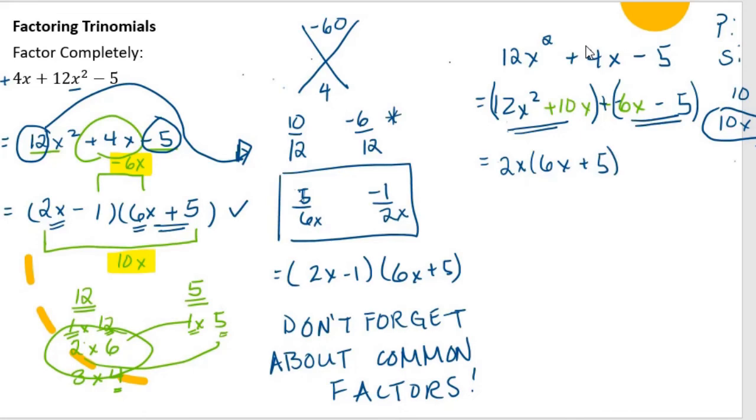Negative 6x minus 5. Well, I'm going to pull out that negative 1 because when I do so, you'll notice that I have 6x plus 5 left over in both terms. So the goal here is to engineer exactly that, to have a 6x plus 5 and a 6x plus 5 in both terms. Remember that there's actually a negative 1 hanging out here.